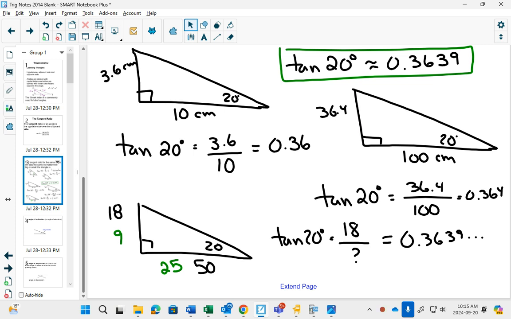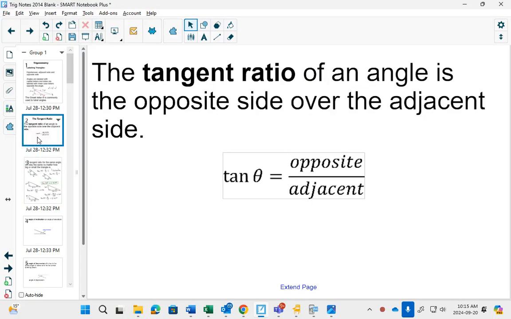So we have this idea of a ratio of fraction. The definition of tangent is that tangent is always the opposite over adjacent. This became super helpful in figuring out all sorts of things for building, way back thousands of years.